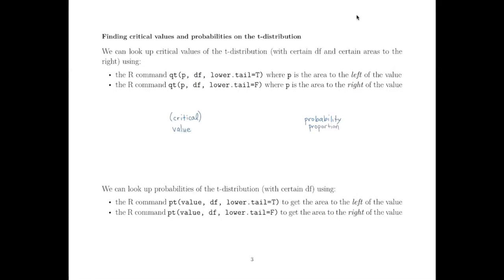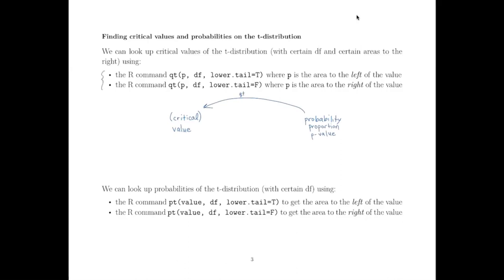Or a p-value might be another way to think about it. If you have the probability or the proportion and you want the value, that's when you're going to use this QT command. I've outlined those here.